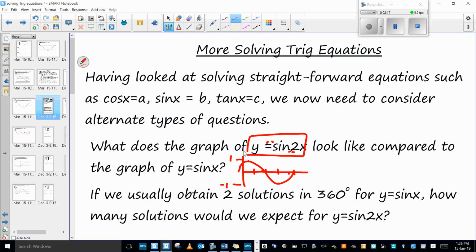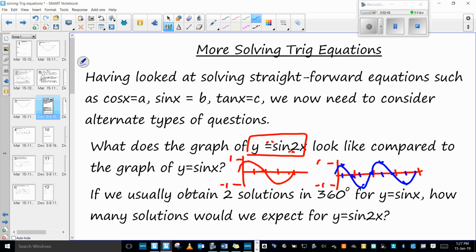So rather than having 90, 180, 270, 360, we still have that, but we need to consider those midpoints. It's still going to go up to 1 and down to minus 1, but it's going to do it much faster. And that means we've done 2 cycles within the 360.